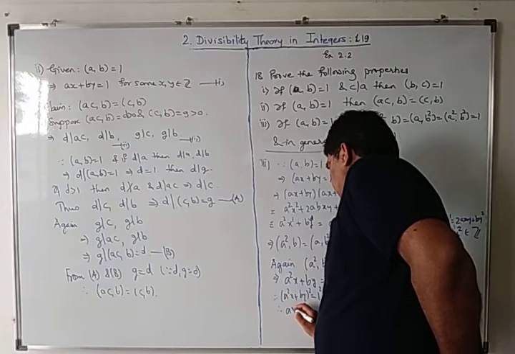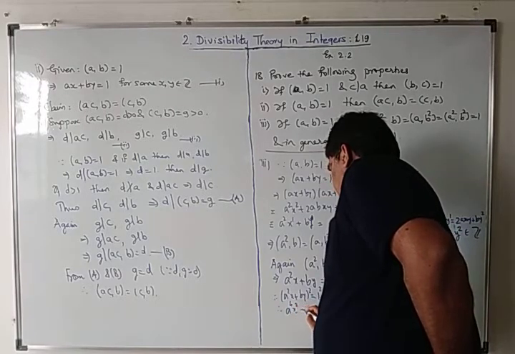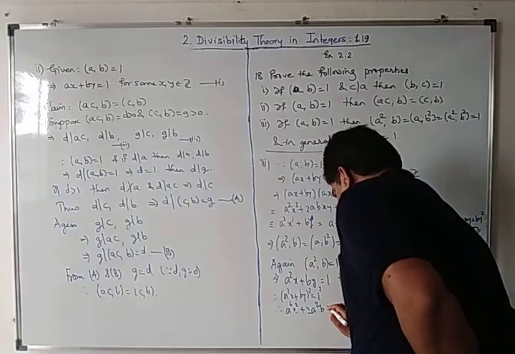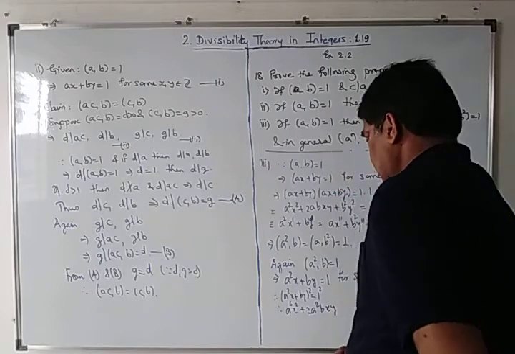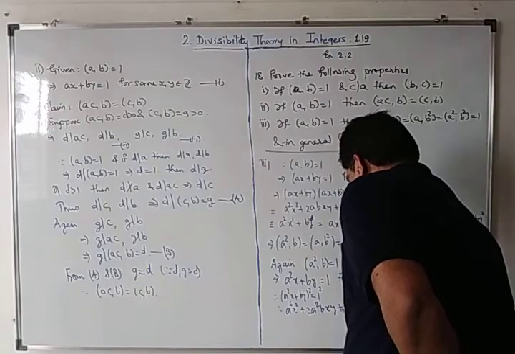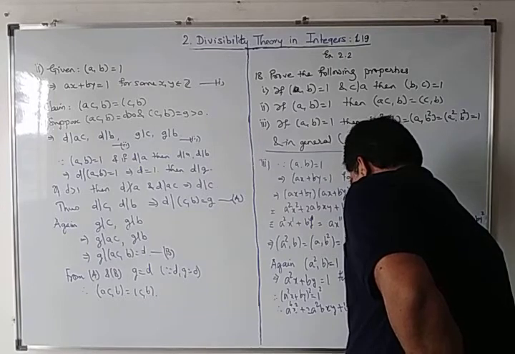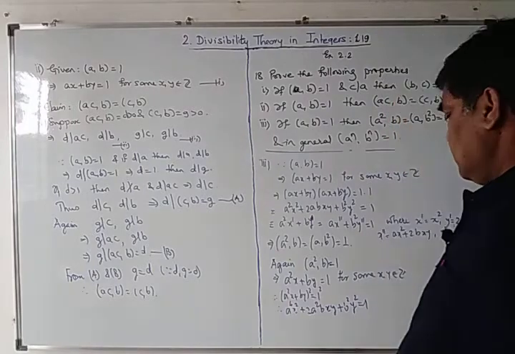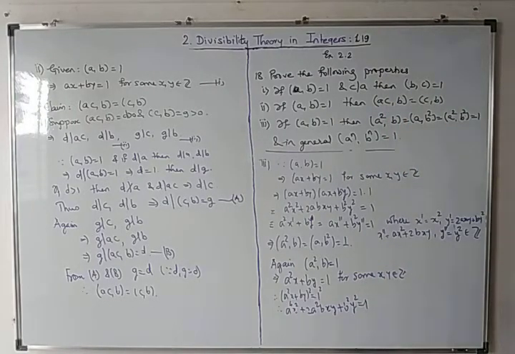Therefore A raised to 4 x square plus 2A square Bxy plus B square y square is 1. Now I have to show that GCD of A square and B square is 1, that we have to show.